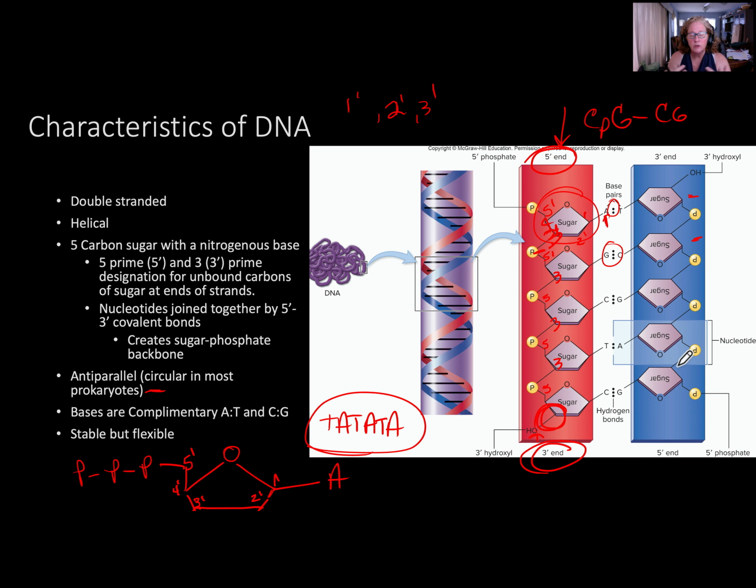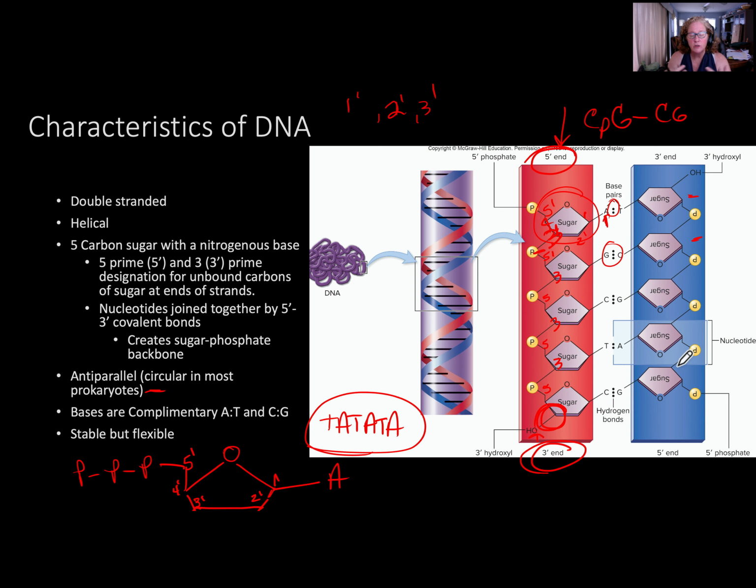So RNA is another piece of genetic material. RNA is single-stranded. It uses a ribose sugar instead of a deoxyribose sugar. So where we had an oxygen missing, where we had just a hydrogen in our deoxyribose, in a ribose sugar we have an OH group.